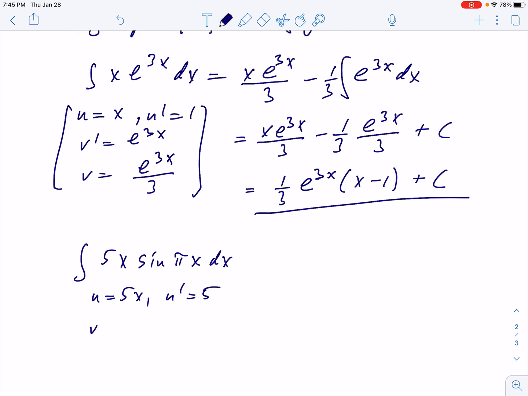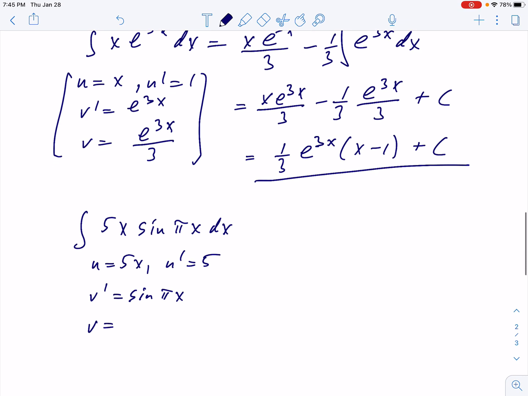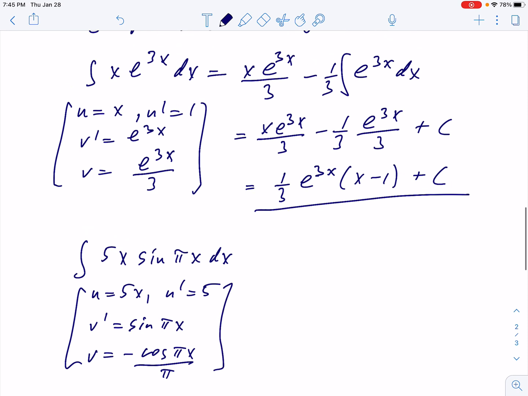So then v prime will be sine pi x, and integrating this, we get v equals negative cosine pi x over pi. So here is my preparation. I'm writing now using the formula.